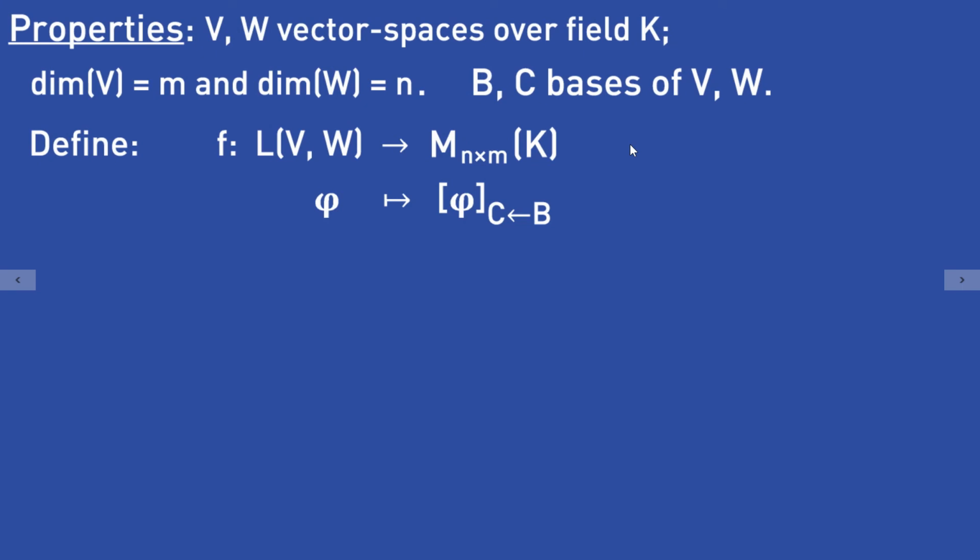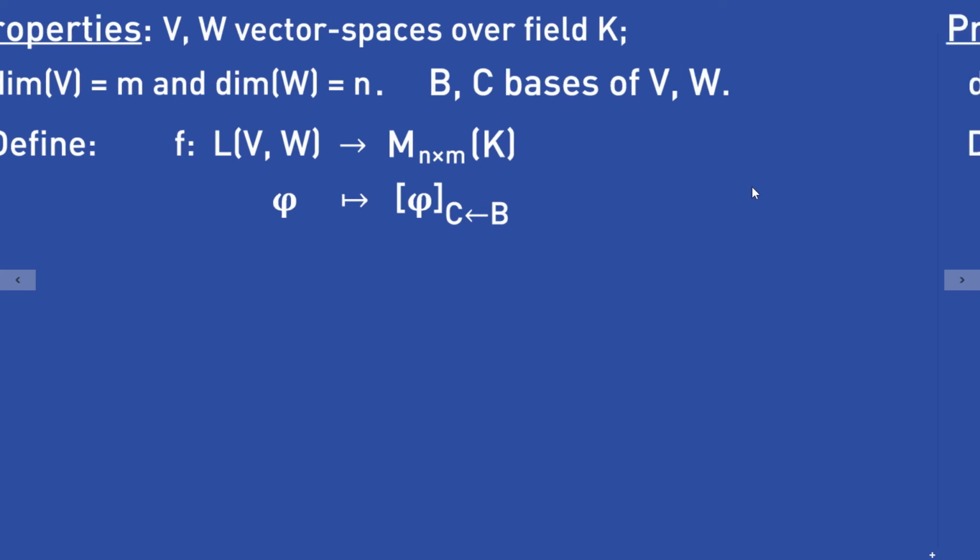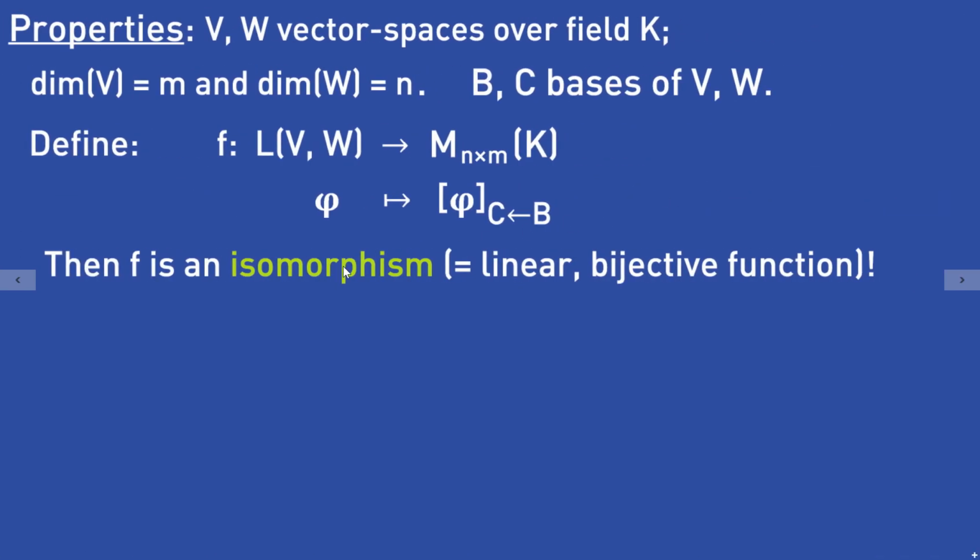F assigns to each linear mapping phi its matrix representation with respect to the bases B and C. Then this function f is an isomorphism. An isomorphism is a linear bijective function.